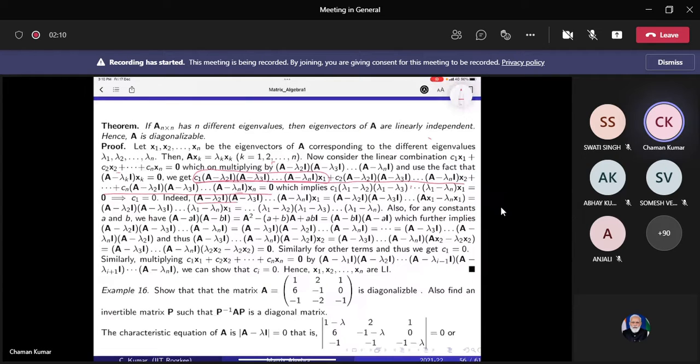So you can write this first term as A minus lambda 2I, A minus lambda 3I, and so on, times A x1.